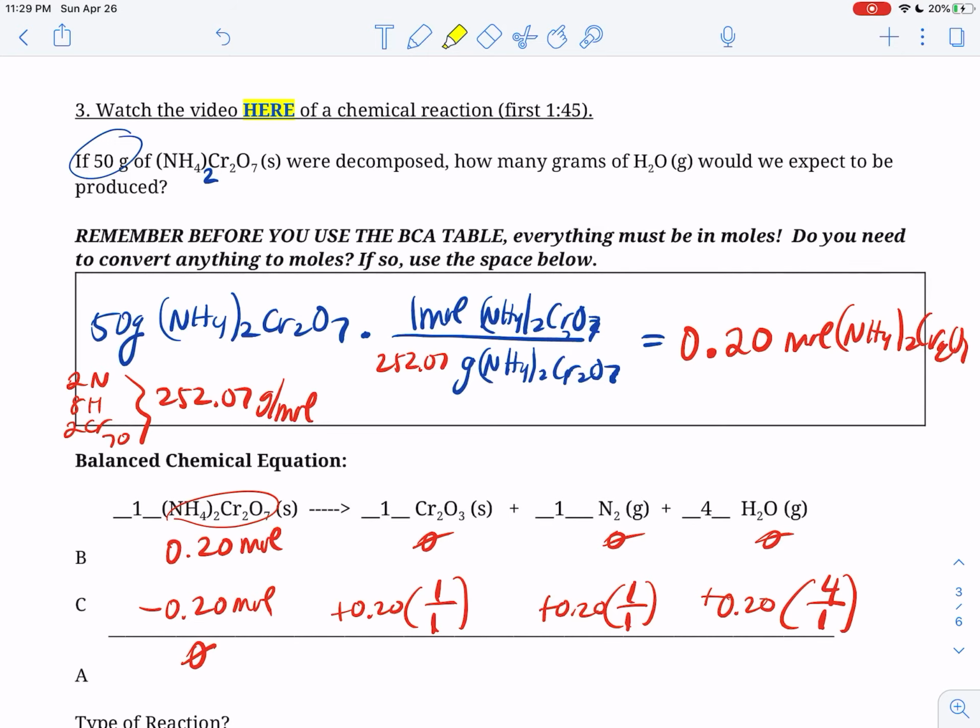This one's pretty easy to look at, because these are all the same ratio. If this is 0.2 moles, the rest of them are also going to be 0.2 moles, because they have the same ratio based on their coefficients. The water has a 4, so it's going to be 4 times as much, which gives me 0.80 moles of water.